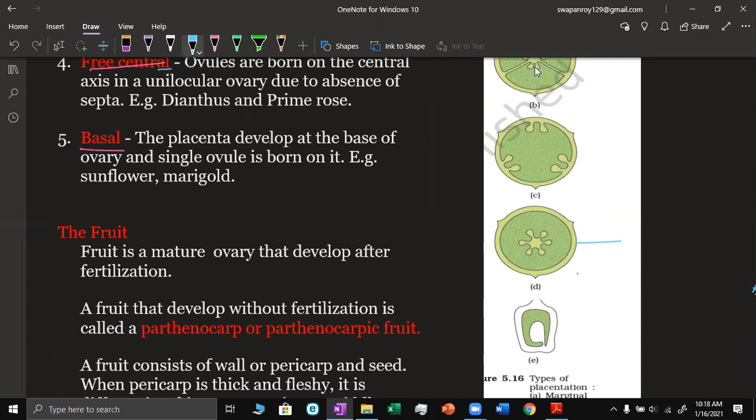The only difference is here the ovary has a chamber, partition wall is there, but here the ovary is one chambered and there is no partition wall, but ovules are attached to the central axis. This one is found in case of dianthus and primrose. This is free central.